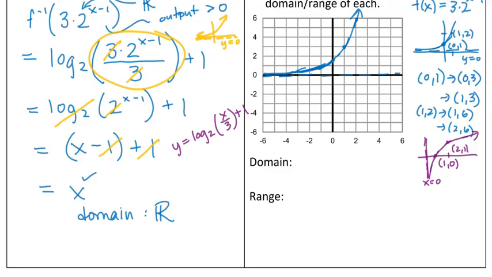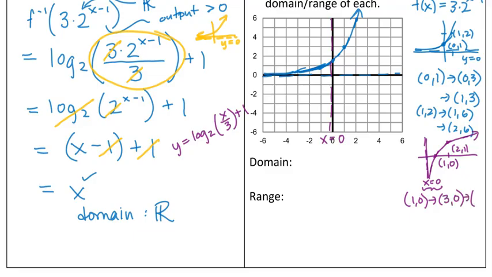And then when I do my transformations, it's a horizontal stretch by 3 and a shift up 1. So x equals 0: when I do the horizontal stretch, that won't move. 3 times 0 is still 0. And when I move up 1, it also won't move. So this is at x equals 0 still. If I take the point (1, 0) and do the horizontal stretch, it ends up at (3, 0).